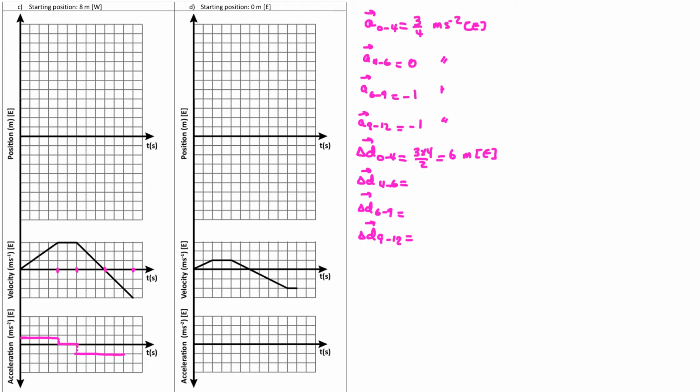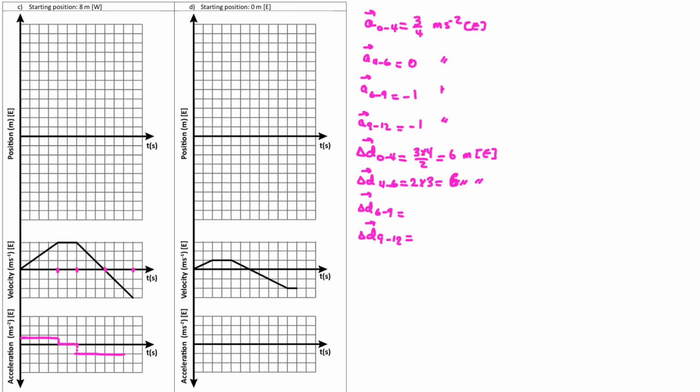Actually, I'll write it out because it's a rectangle this time. It is 2 times 3, which is 6 meters per second. And I'll just write the 6 actually. I want the numbers in there. 6 to 9, we have a triangle.